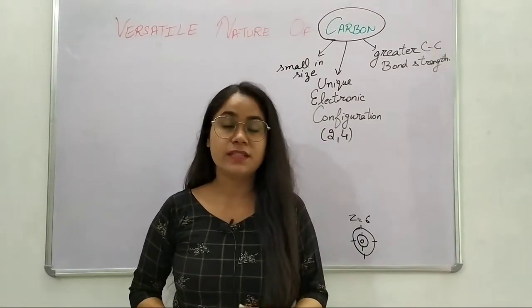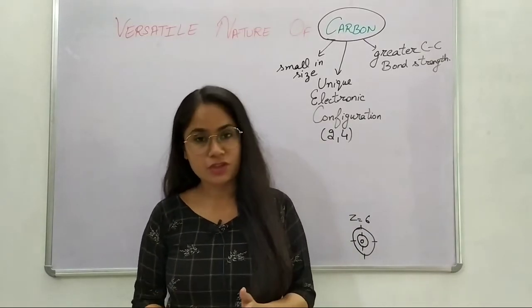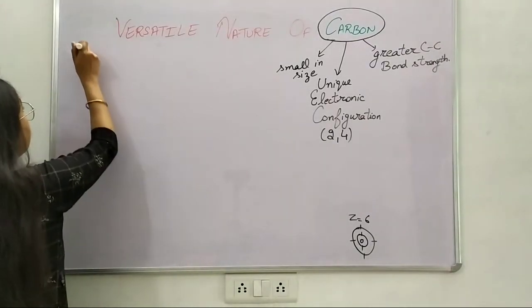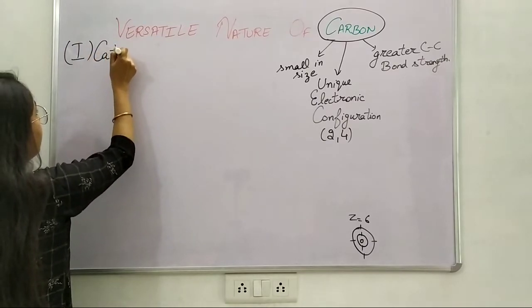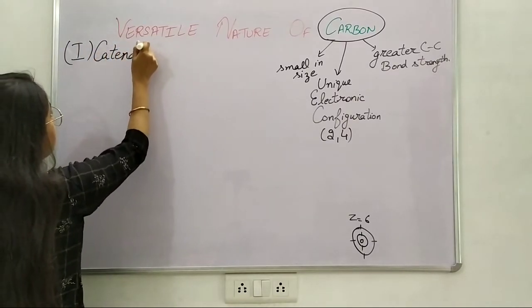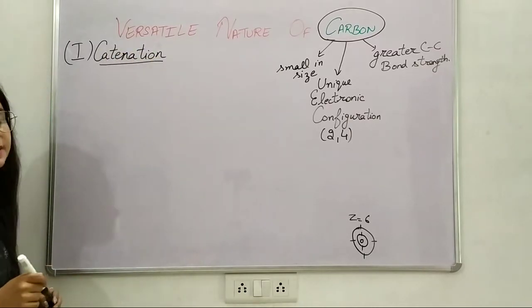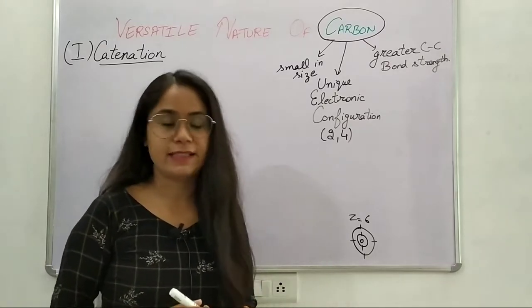Now my dear students, when we talk about the versatile nature of carbon, the first thing we pay attention to is catenation. Carbon shows versatility because it shows the property of catenation. Now what is catenation?